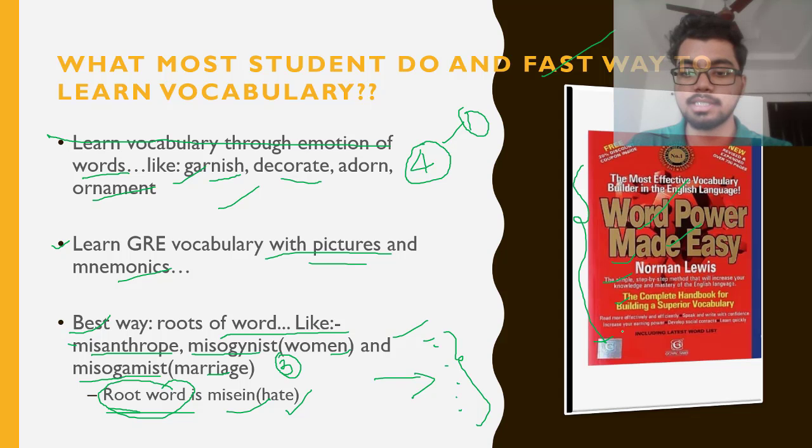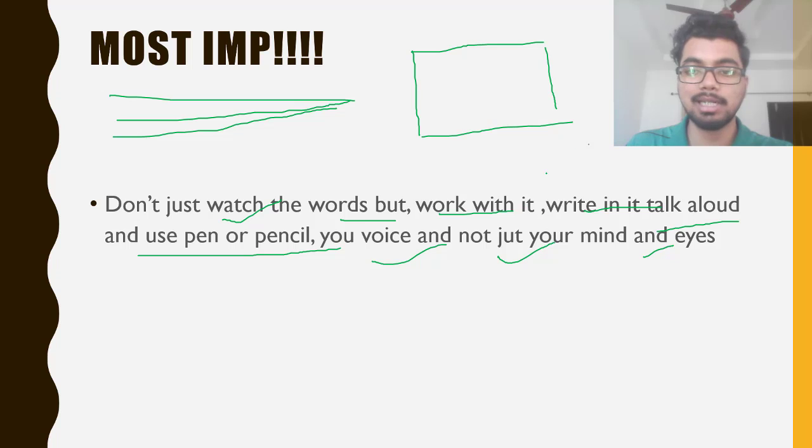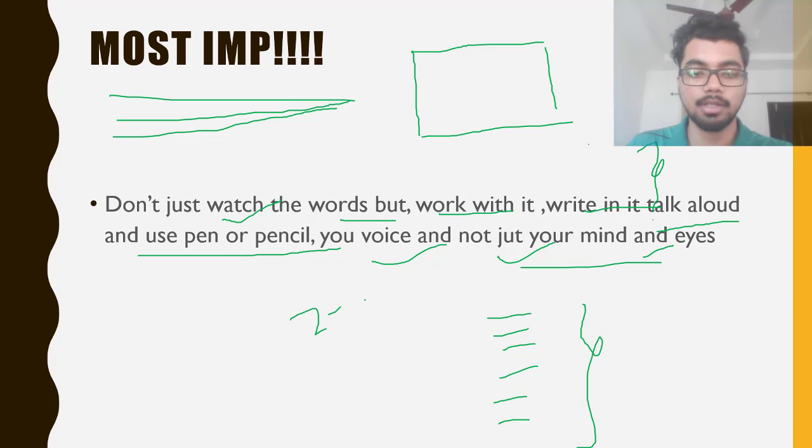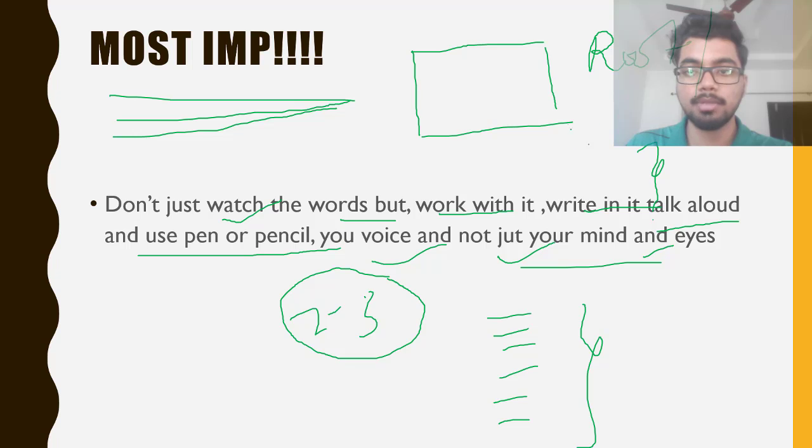Work with it: make a diary, make your own word list, write all the words one by one, and revise 3 to 4 times a week. You can definitely learn the words. I recommend you learn words through their roots and through pictures or mnemonics. These are the best ways to learn the words, in my opinion.